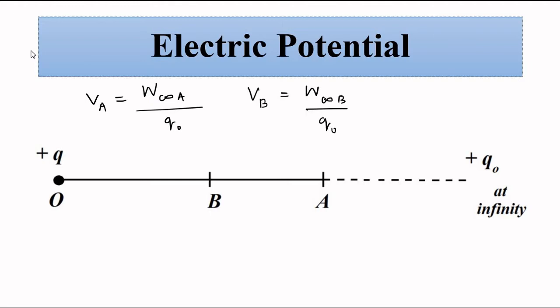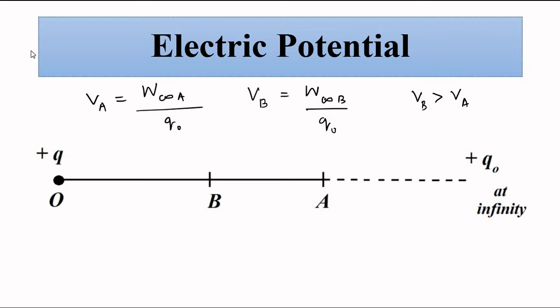Of course the work done to move the test charge to B will be greater than the work done to move it to A, because B is farther away. So naturally VB will be greater than VA. This is the electric potential at a specific point.